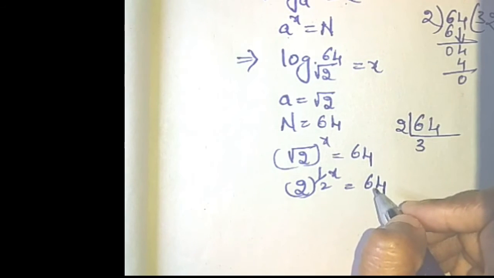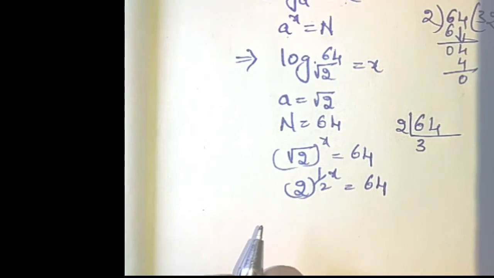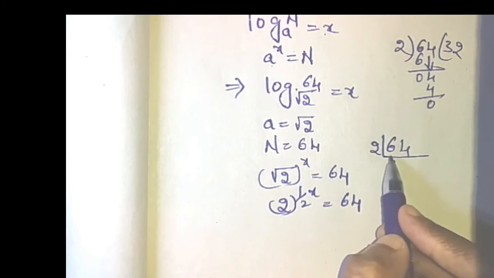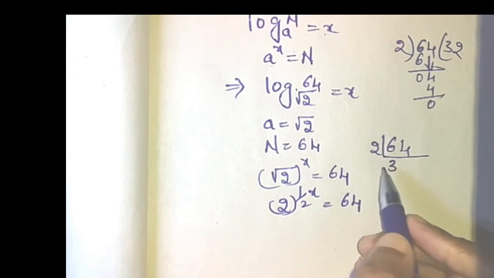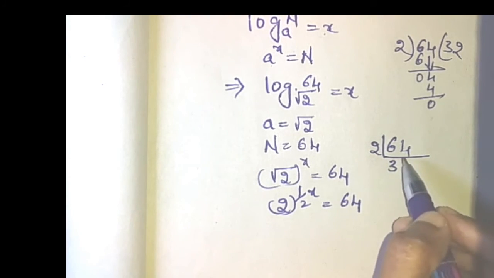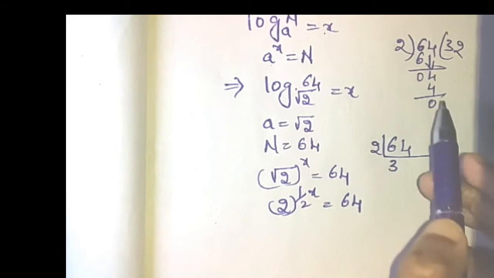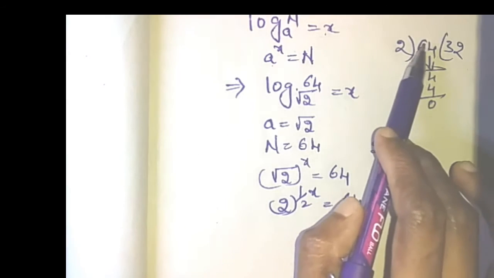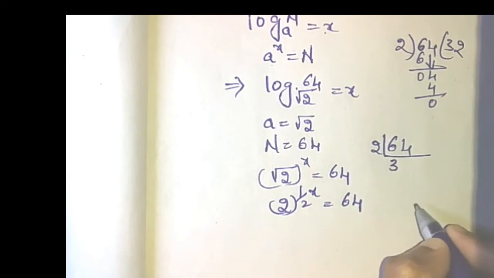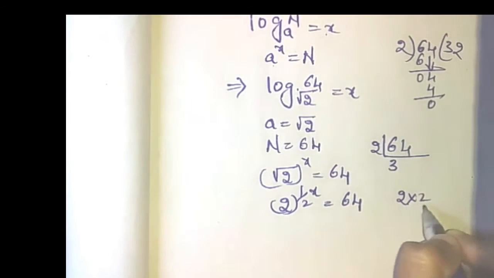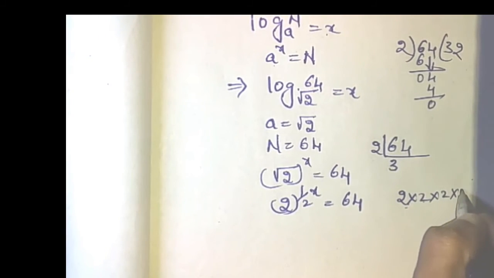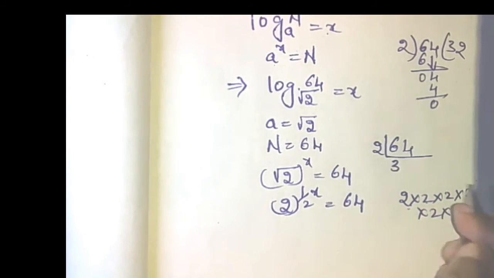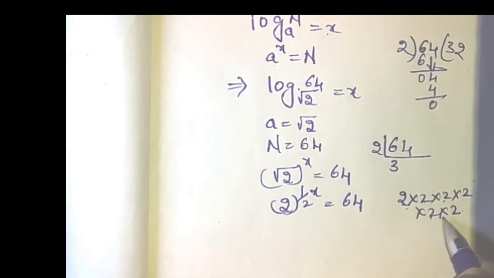This is the LCM method; if anyone is perfect at this method they can do this, but better to check whether the number is divisible or not. In order to cross check I am doing this method, or else directly you can calculate: 2 2's are 4, 4 2's are 8, 8 2's are 16, 16 2's are 32, 32 2's are 64. So how many 2's? 1 2 3 4 5 6.